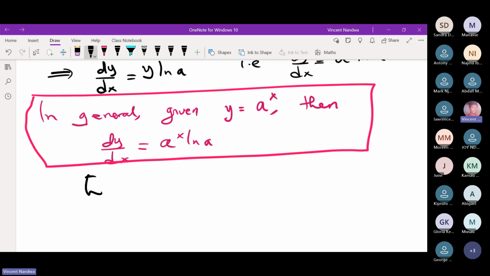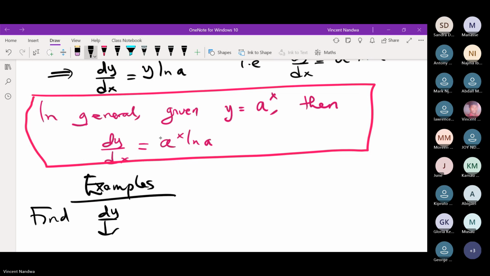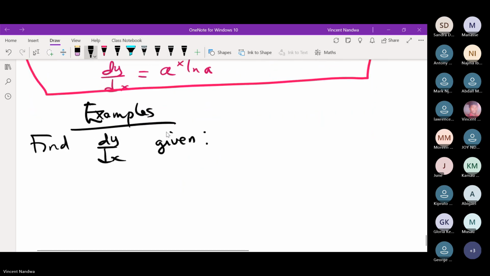So let's provide some examples here. Find dy dx given y equals 3 power x.